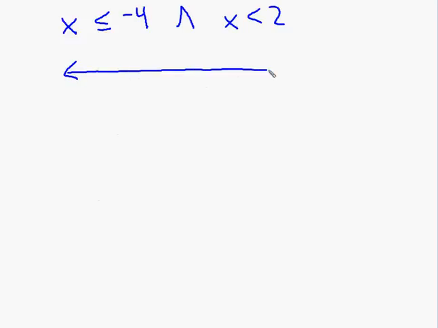All right, let's say I had x is less than or equal to negative 4, and x is less than 2. So if I graph that, let's see what happens. We have negative 4, negative 3, negative 2, negative 1, 0, 1, 2. Might as well get a negative 5 in there.